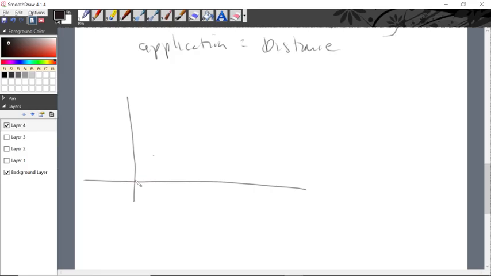So let's say we have a velocity function, y equals v of t.